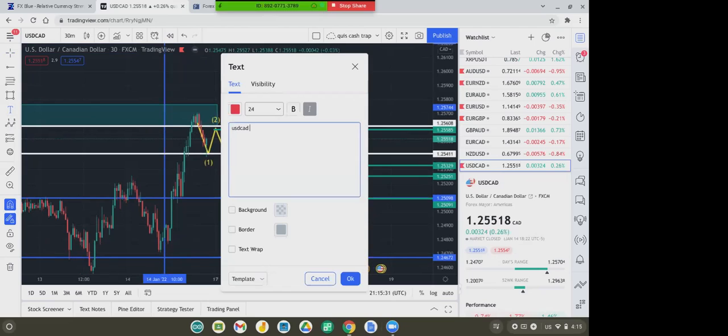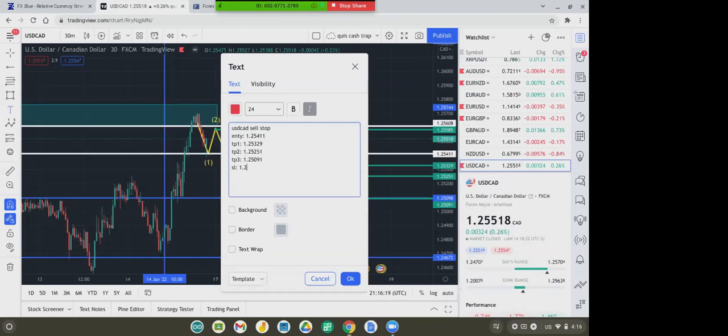USD, CAD, sell, stop, entry. Entry was 1.25411. TP1 1.25329, TP2 1.25251, TP3 1.25091.